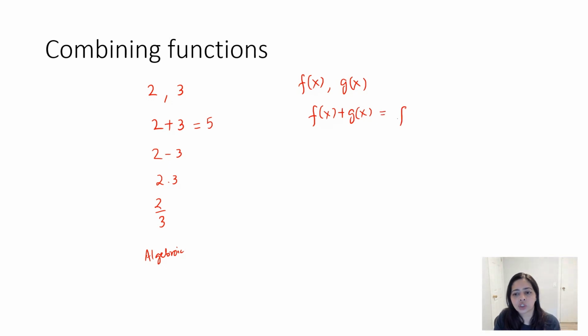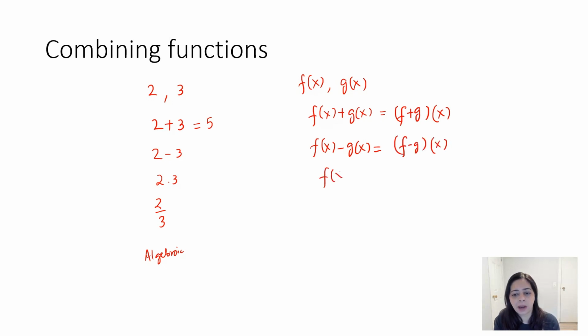This new function is known as the sum function, and there are two ways it can be denoted. You can write f plus g together with the argument x, which simplifies to f(x) plus g(x). Similarly, we can subtract two functions, f minus g of x.